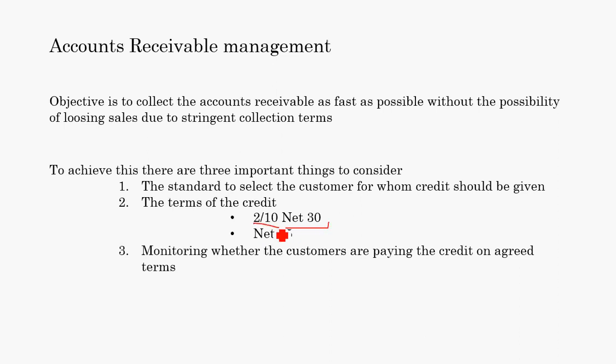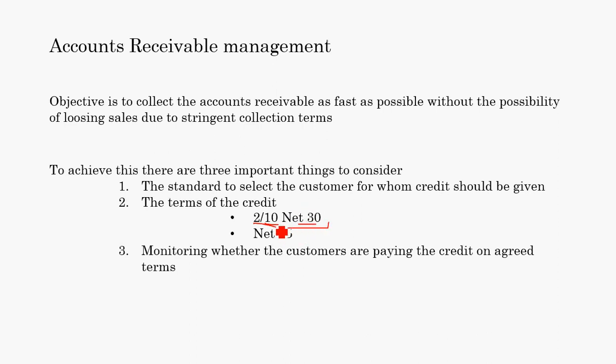This means that the company is giving 2% discount on the total sales value if the customer repays within 10 days of purchase, or else the customer has 30 days to repay the accounts receivable.